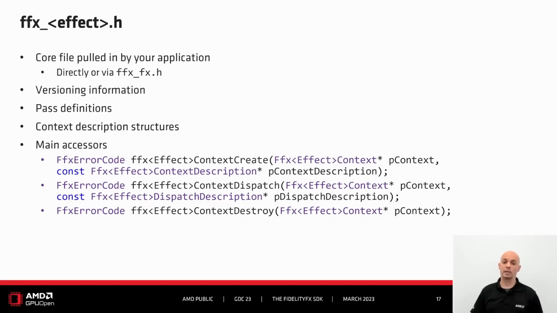Lastly, each effect header will define the main effect function signatures: context create, context dispatch, and context destroy. What they do should be fairly self-evident. As a note though, some effects, for instance FSR2, can have more functions exposed when additional functionality is present, like autoreactive mask generation. However, for the most part, most of our effect components only expose these three core functions.